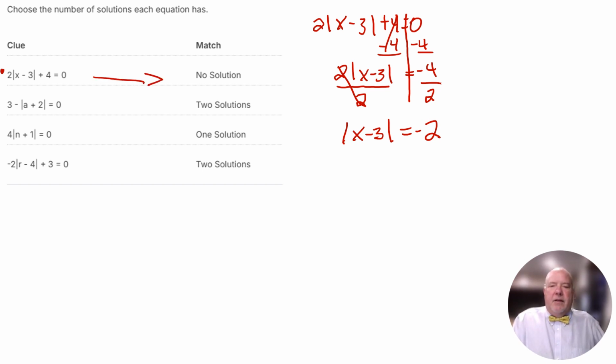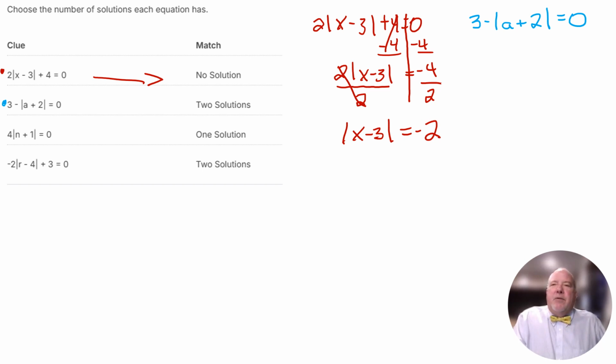Now let's look at the next one. We have 3 minus the absolute value of a plus 2 equals 0. Again, I'm going to isolate the absolute value.